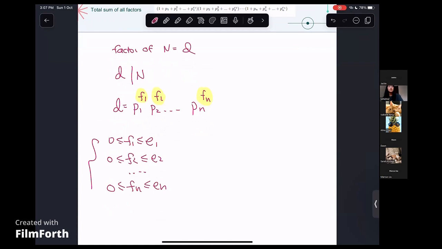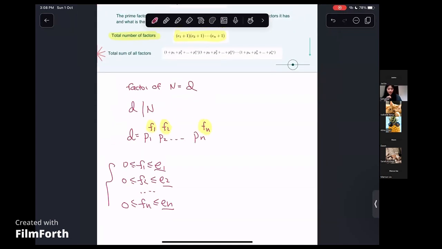Let me know if you guys have any questions, and we can go over it together. I'm saying that it can't be bigger than E1, E2, or En, because if it were, it wouldn't divide exactly into n, right?